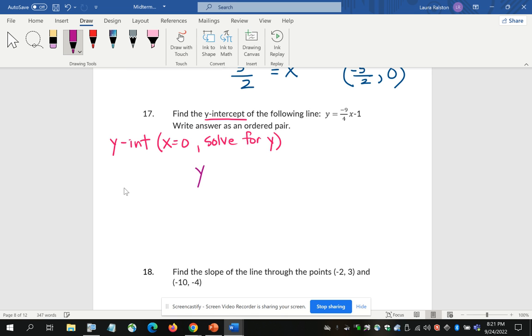So I have y equals negative 9 fourths times 0 minus 1. Negative 9 fourths times 0 is 0 minus 1, which is negative 1. Writing it as an ordered pair as instructed, we would have 0, comma, negative 1.